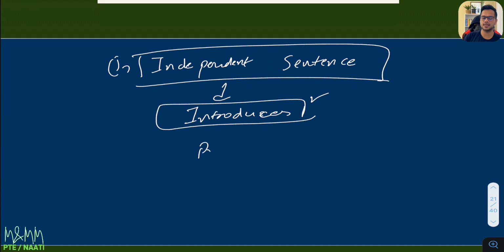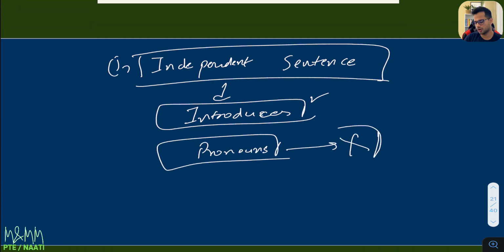I'll read out all the sentences. If I see any pronouns in any of the sentences, I'll just not select them as my first sentence, because they cannot say 'he is a good boy' as the first sentence. They have to mention the name of the person, introduce that person first, before referring to them with pronouns. Always look for the sentence which is introducing something for the first time.